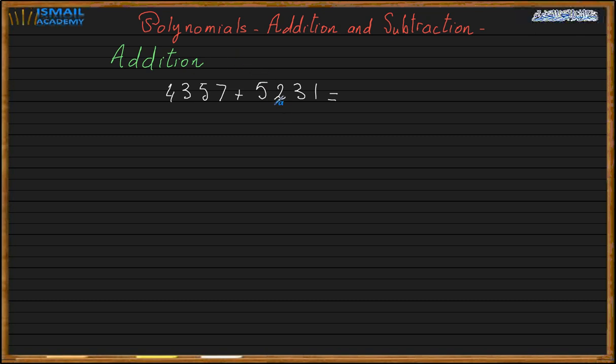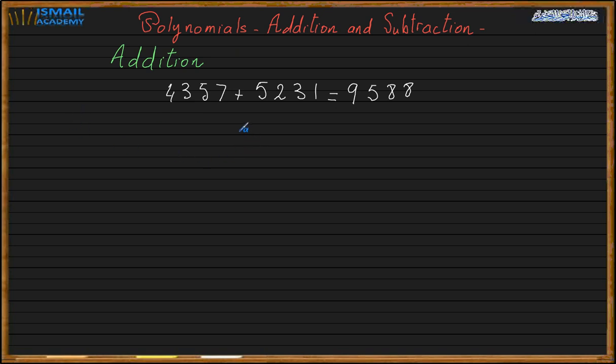This is exactly how we add numbers. We add quantities. So we'll have 7 plus 1, which is 8, 5 plus 3 is 8, 3 plus 2 is 5, 4 plus 5 is 9. This is if I do it horizontally.